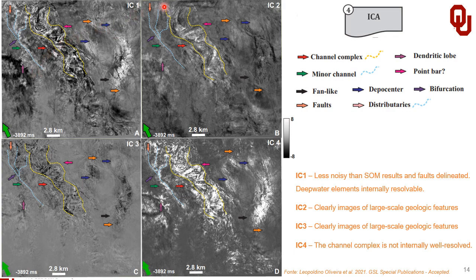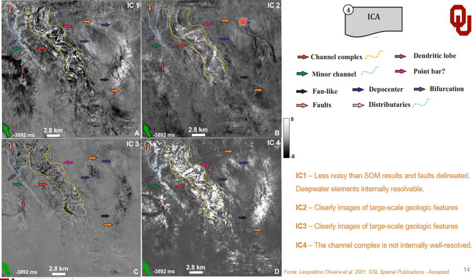Moreover, the channel complex, smaller channels, faults, depot centers, point bars, and feeder channels are well delineated and internally resolvable in the ICA1 than in the other ICAs. In addition, the channel that bifurcates into three distributary channels towards the northwest is better delineated and internally resolved in the ICA1.